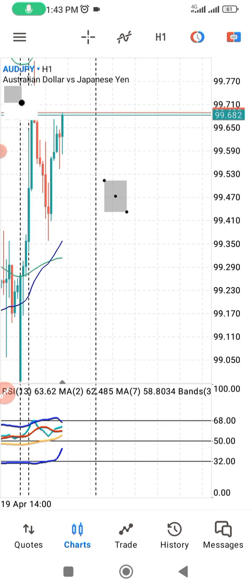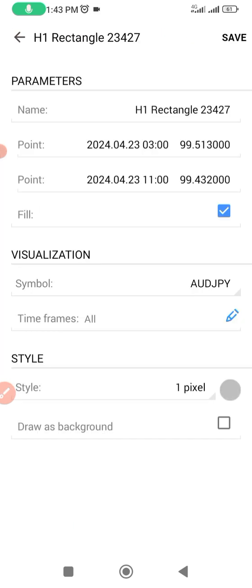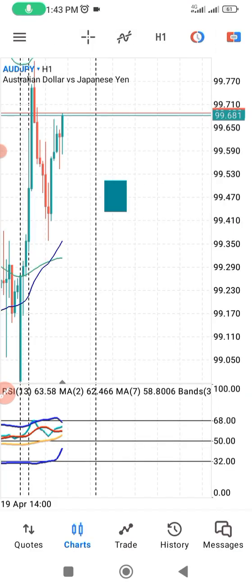So a pin bar, this is a typical example of a bullish pin bar.